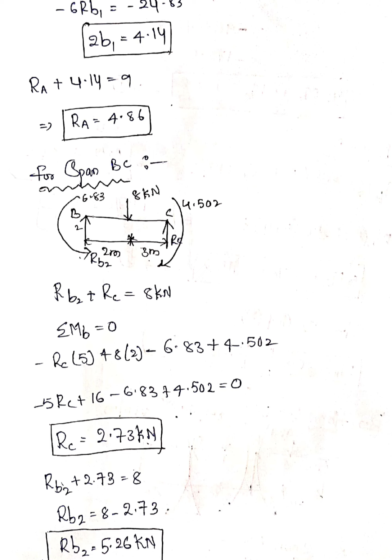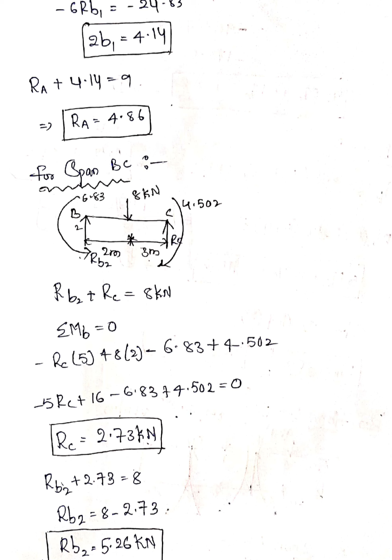Next, coming to the BC span. RB2 is the reaction at B2, at C it is RC1. RC1 and RB2 we need to find. I have shown the load here, and at B2 I have shown the MB value 6.83, at C1 I have shown the MC value 4.502. Applying sigma Fy equal to 0 and sigma moment about B2 equal to 0, I can find the values of RC1 and RB2.